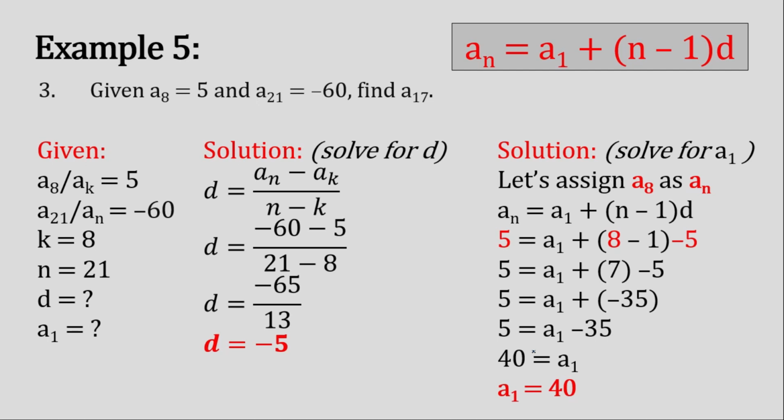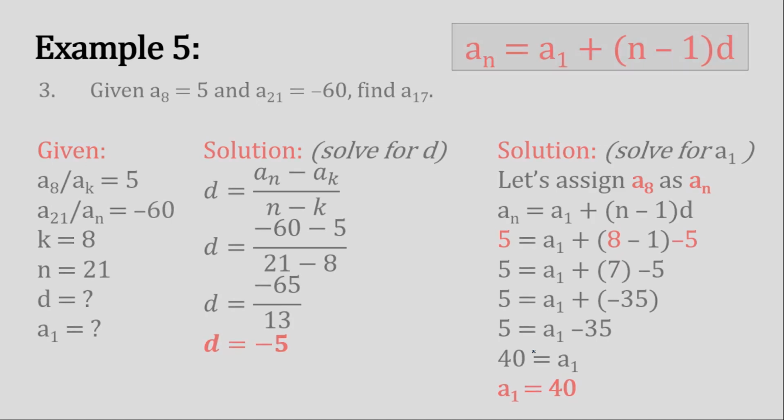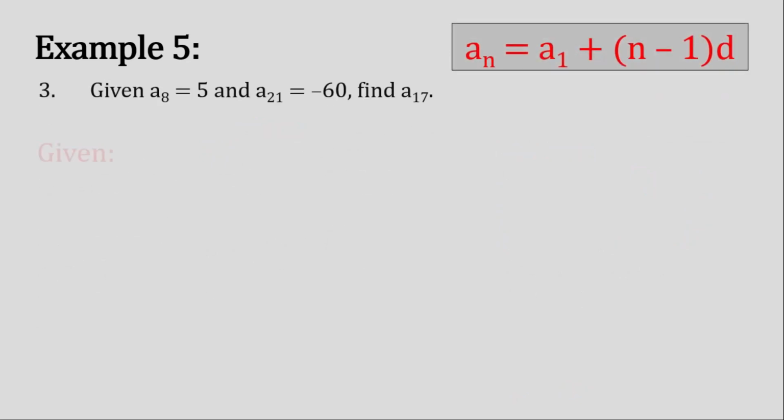Now it's time for us to solve a sub 17. Again, the given are a sub 1 is equal to 40 and the common difference is negative 5. Now, because we're looking for a sub 17, we will consider this as our a sub n. So therefore, the value of our n is 17. Then a sub 17 is unknown.